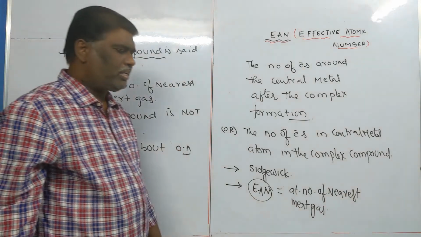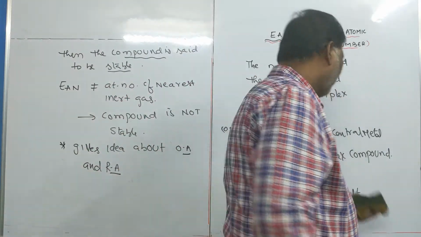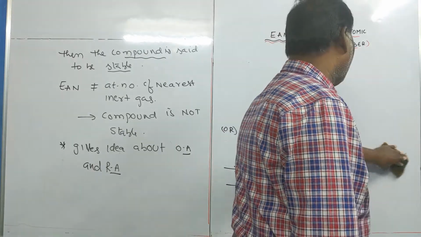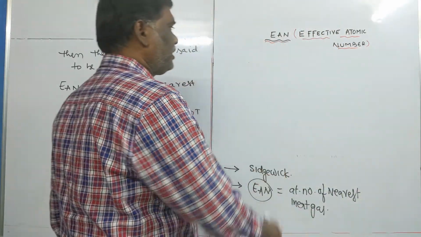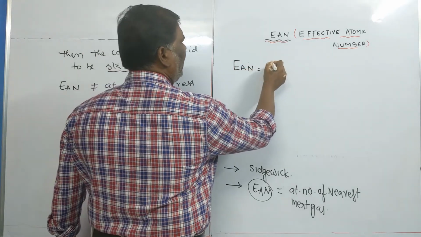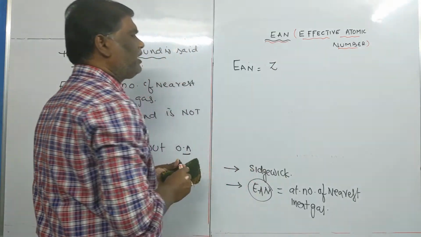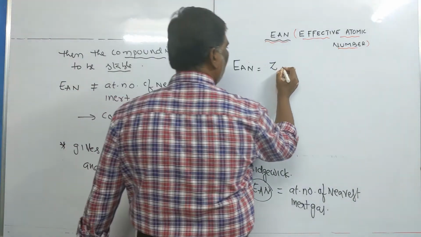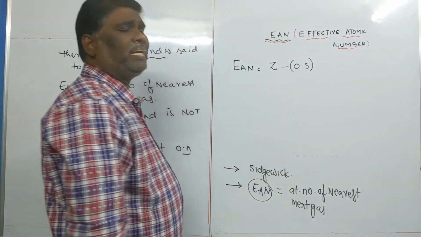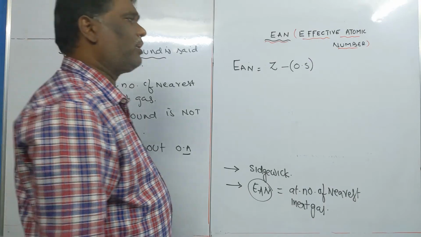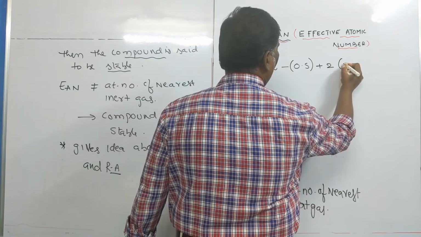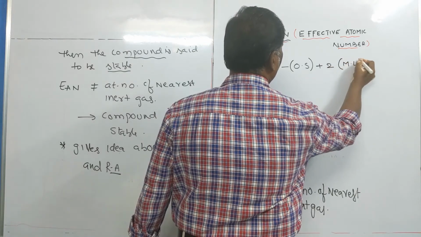Now, what is the formula to calculate effective atomic number? EAN is the atomic number of the central metal atom, Z, minus the oxidation state, since the metal atom generally loses 1, 2 or 3 electrons, plus 2 into the number of monodentate ligands.